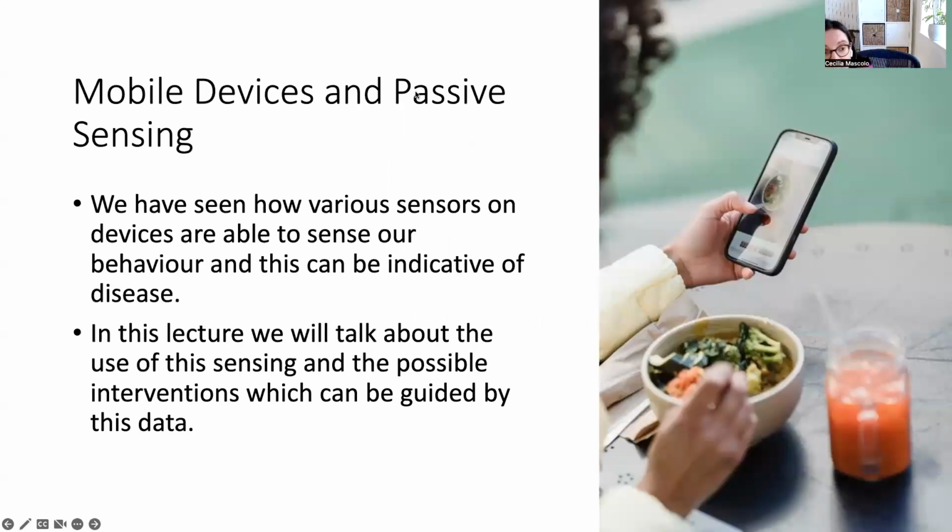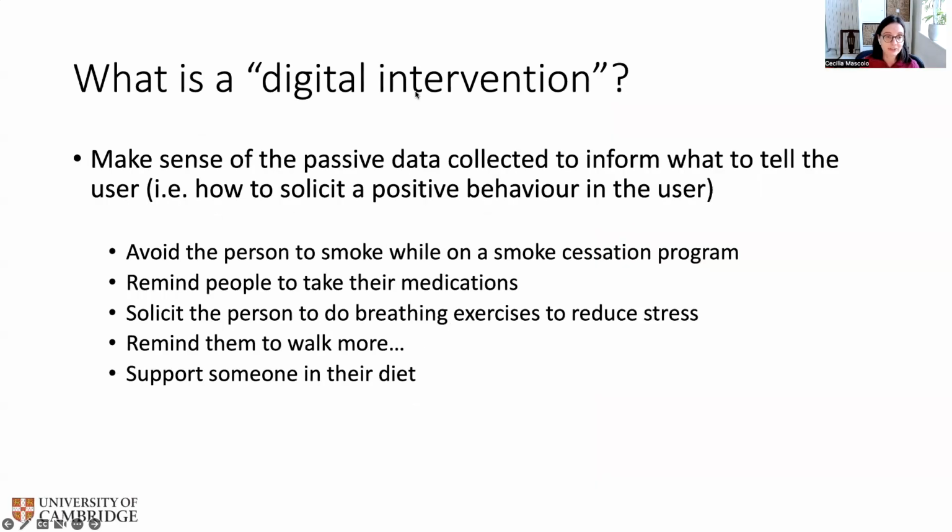So mobile devices, we've seen various sensors that can sense our behavior. This whole course was based on understanding that. And we will talk about using the sensors to guide the intervention, not only to say what the intervention could be, but also to understand what the next intervention can be, or quantify the effect of that intervention.